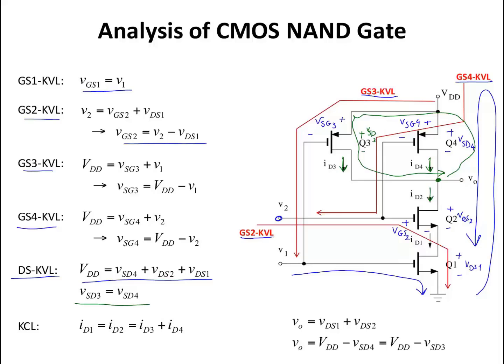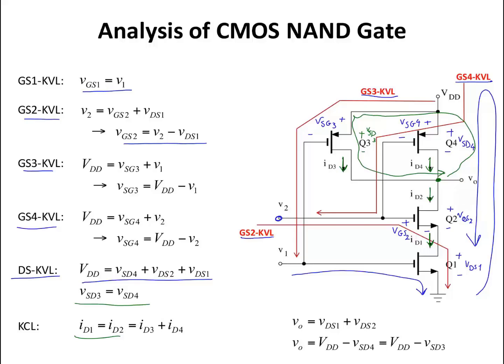Also, ID2 and ID1 are the same because they are connected in series, so the same current that flows from drain of Q2 to the source of Q2 enters the drain of Q1 and goes to the source of Q1.